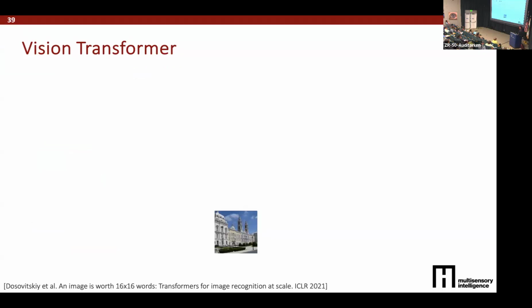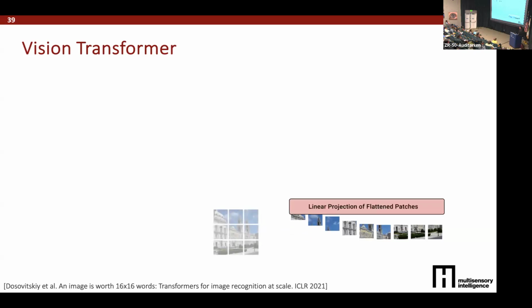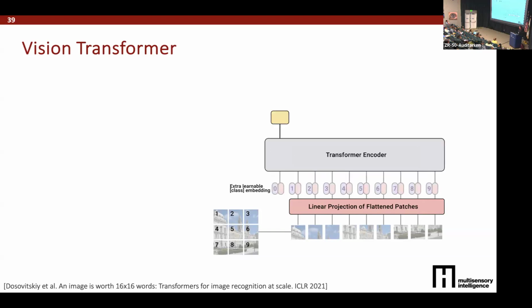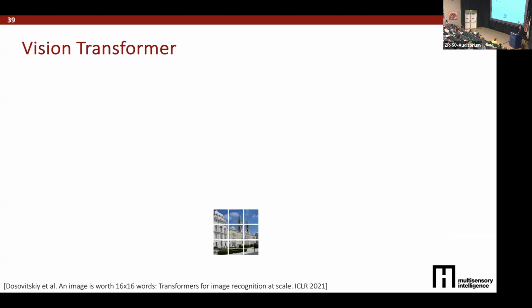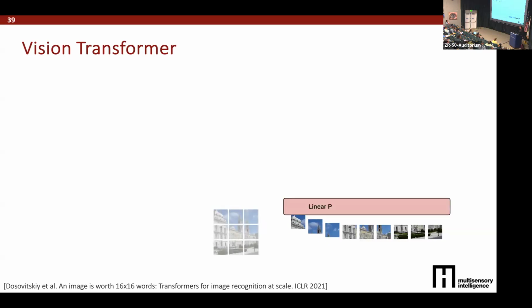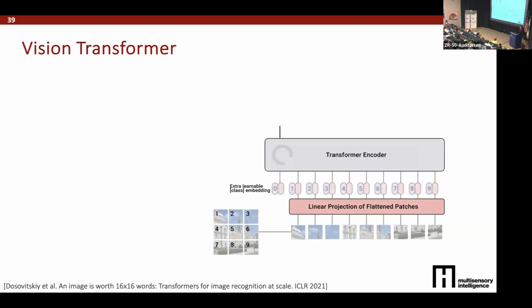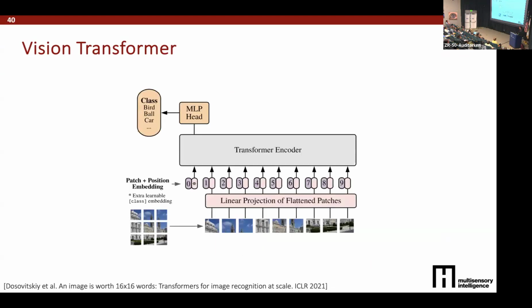So here it is in animation style. Take an image, break it down into individual parts. You take a linear projection and add a positional embedding. That together goes into a transformer encoder, which learns the pairwise relationships between the features and the positional encodings. It outputs some features which you can use through an MLP to predict your labels.